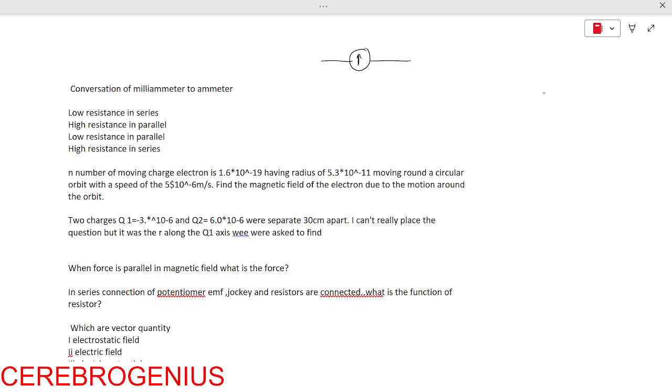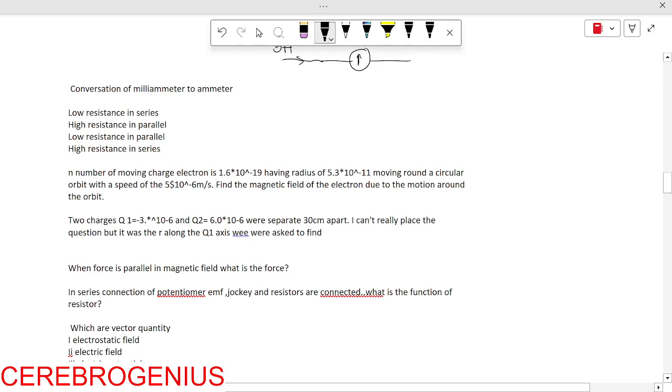The current is in milliamps, very small. Now, if you want to use it to measure bigger values of current, let's assume that you want it to measure about 5 amps, what do you do? You connect a resistor with it in parallel.